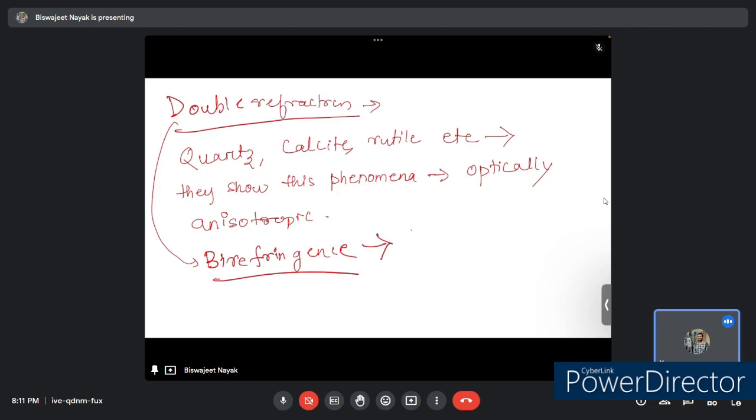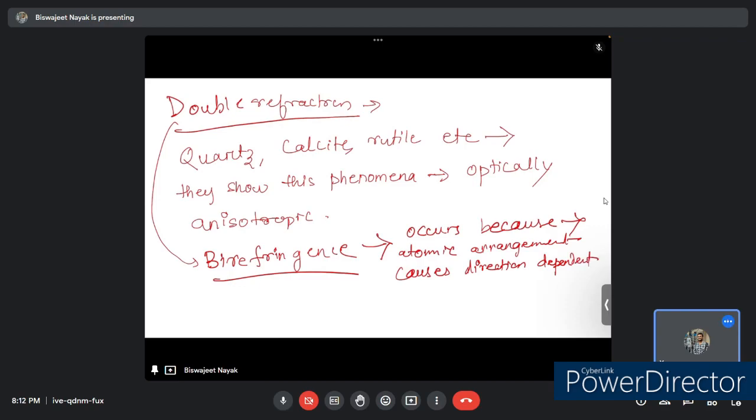It occurs because the atomic arrangement causes direction dependent differences in refractive index, and because of this we get two types of rays called ordinary rays and extraordinary rays.